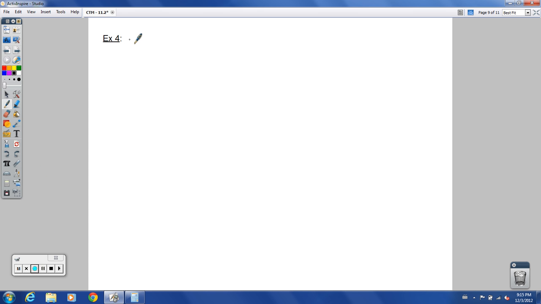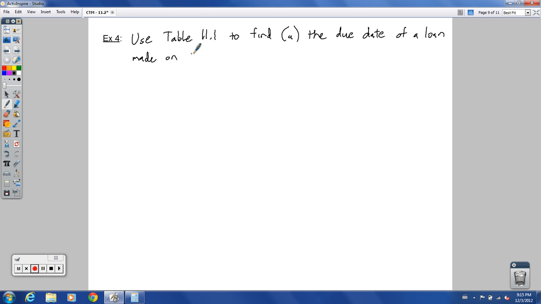And so for example 4, let's put these two rules into the context of some examples. Use table 11.1 to find, it has two parts here. Part A, the due date of a loan made on April 25 for 90 days.